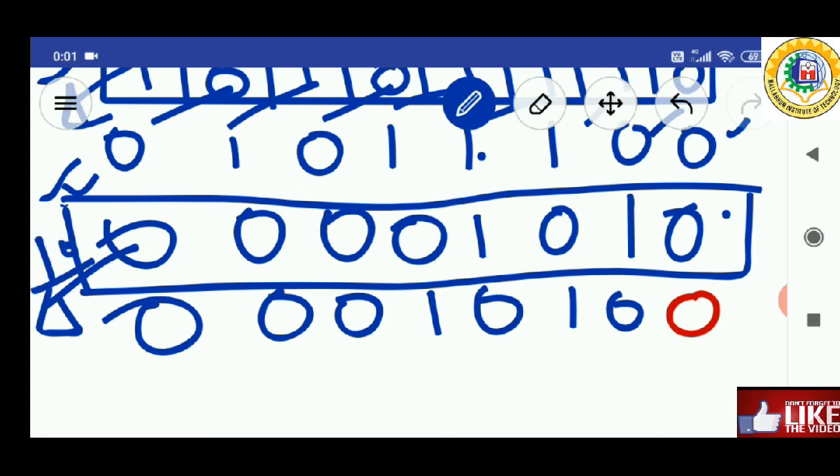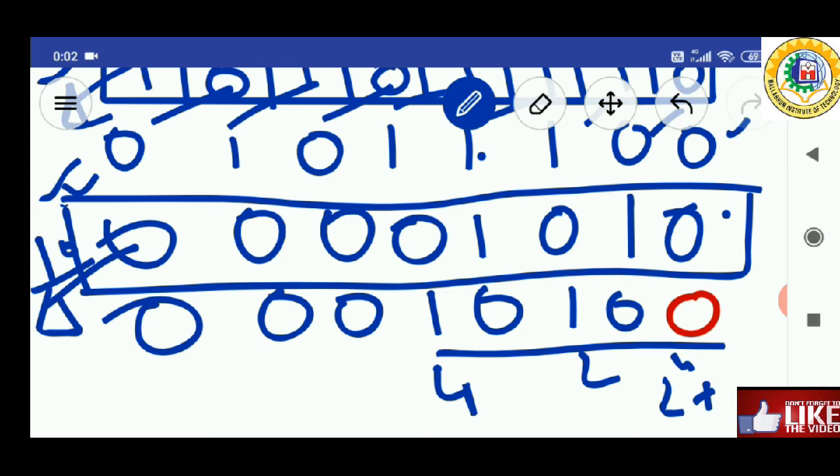Okay, and this is your 10100. So 2 to the power 4 plus 2 to the power 2, so 16 plus 4 means 20.